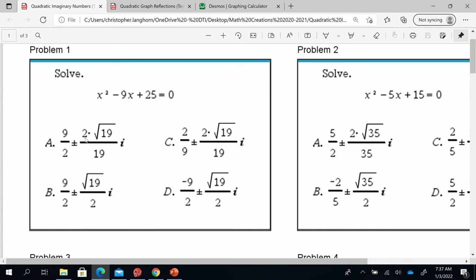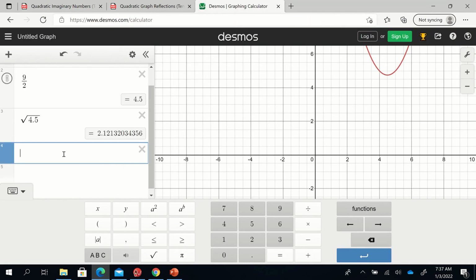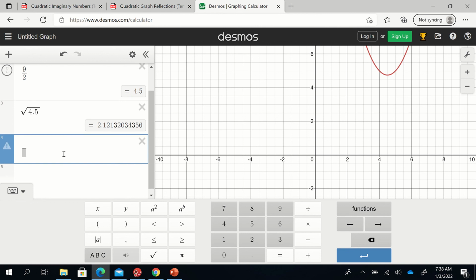So I'm going to start with this thing first. And I'm just going to go into Desmos and just make this fraction and see if it gives me that number. If it doesn't give me that number, then I'm going to try the other one to see if it gives me that 2.18. So in Desmos, make my fraction.